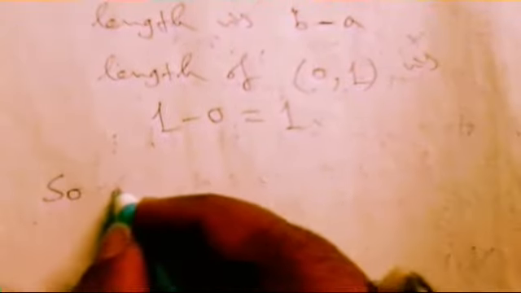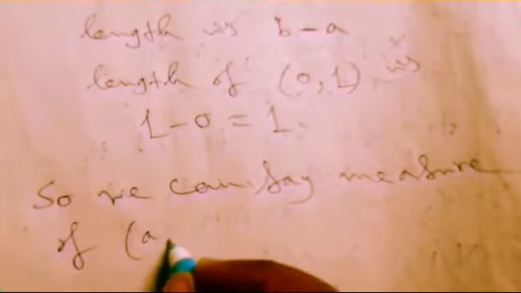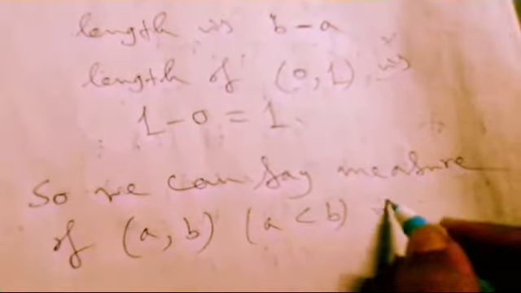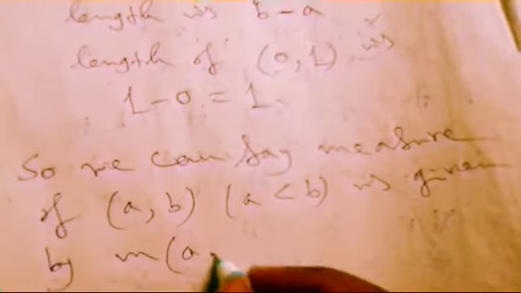So we can say the measure of (a, b), if we consider a less than b, is given by the notation simply m of (a, b).